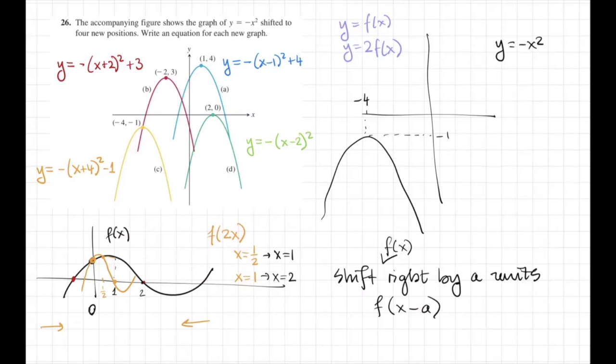And if this is f(x over 2), I will have this, and the value of the function is not going to change when x is equal to 0. So this is stretching along the x-axis.